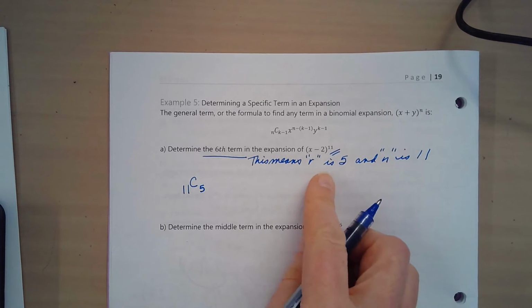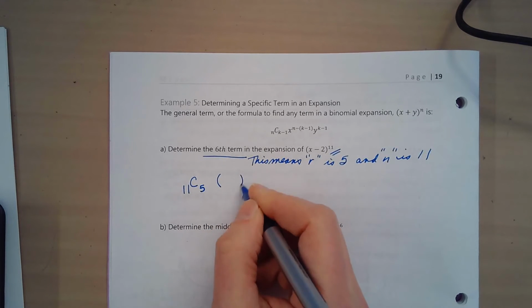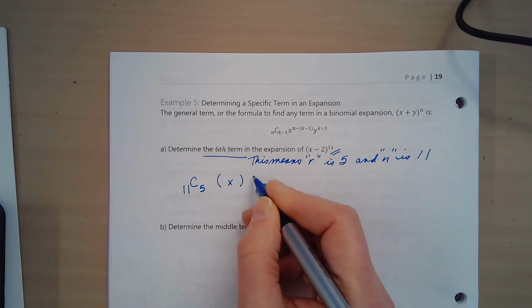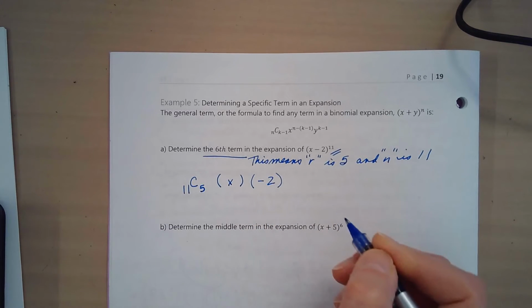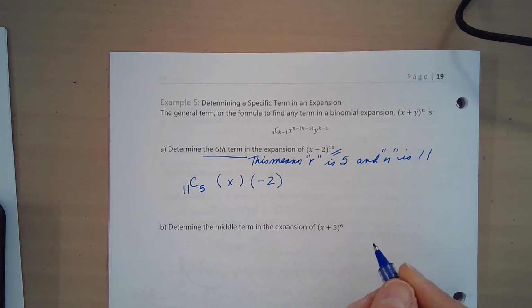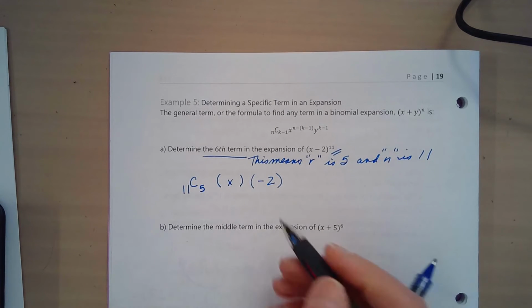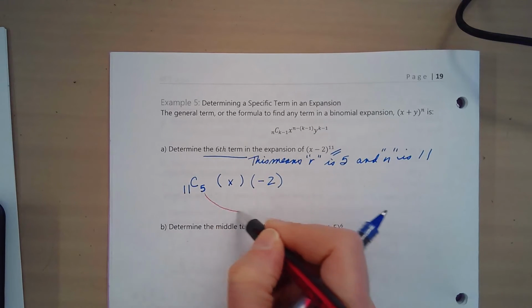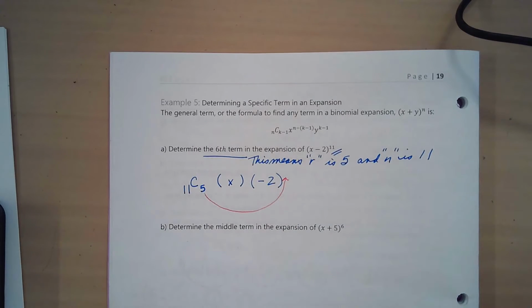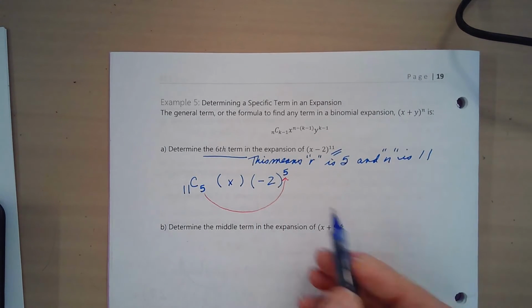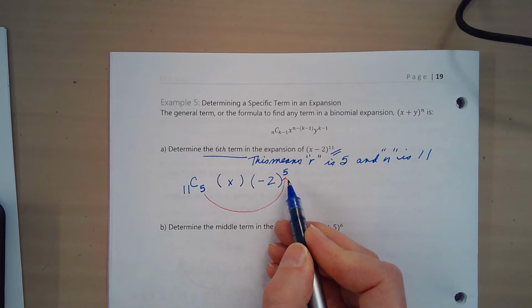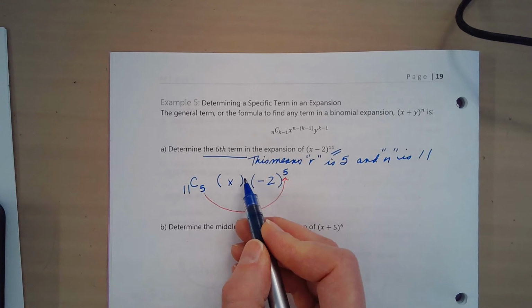Who are my two members? X and -2. Agreed? Okay. Remember what I said about R always matches the exponent on your second member, so that also must be 5. If this is 5, what's this? 6.